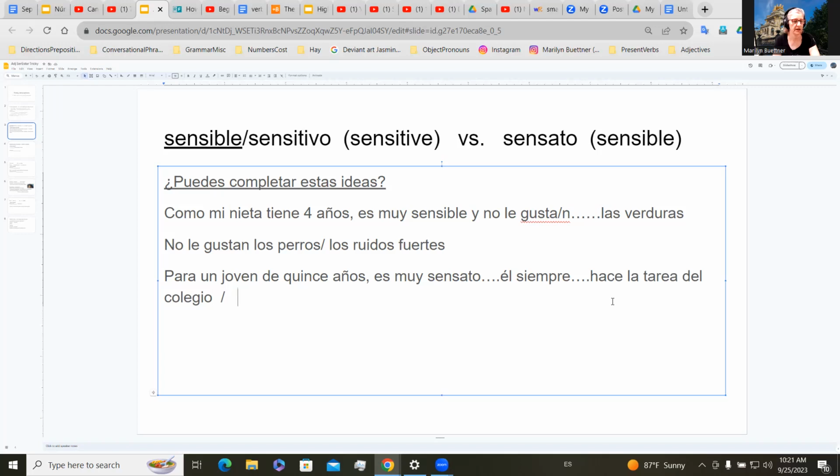Él siempre, por ejemplo, maneja con cuidado. Drives carefully. Maneja con cuidado. ¿Sí? Bien. Para un joven de 15 años es muy sensato.